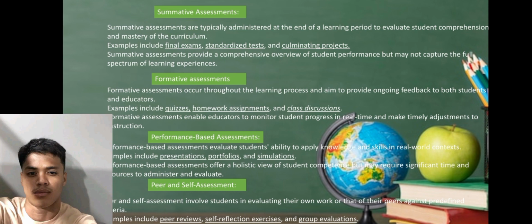Peer and self-assessment promote metacognitive skills and foster a deeper understanding of the learning process. The advantages of peer and self-assessment are that it can develop their socialization skills, their metacognitive skills, and more understanding of the student.